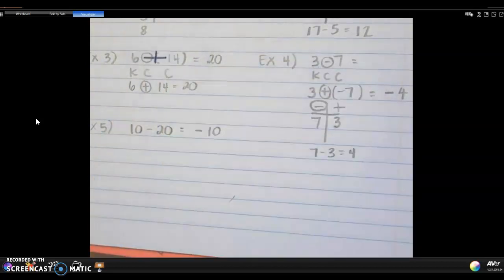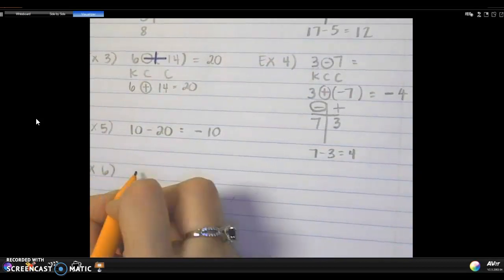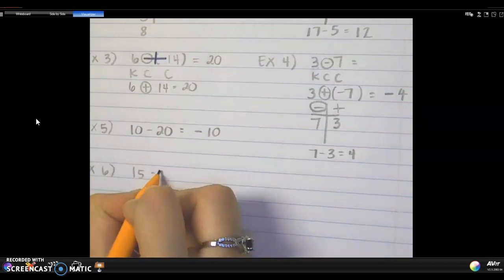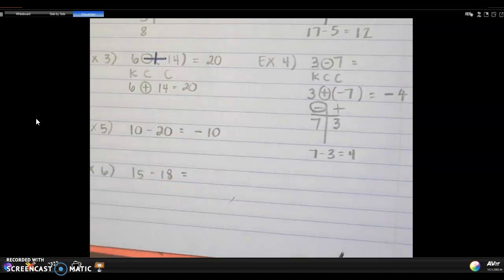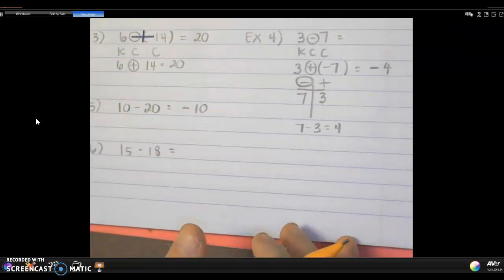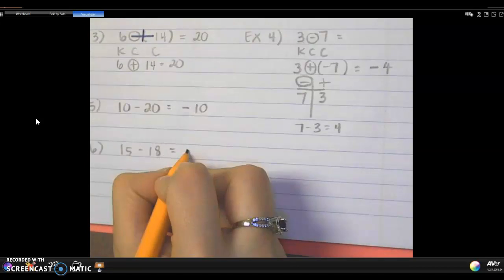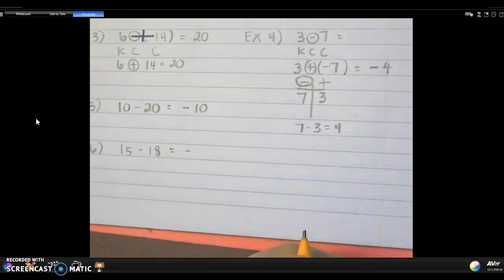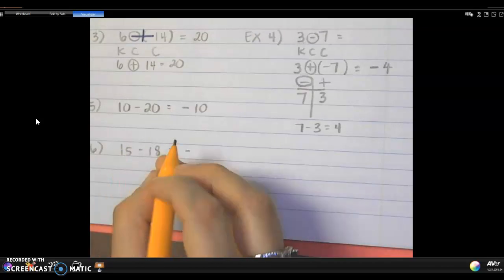So that's an easy way to remember that. One more. 15 minus 18. My first number is smaller than the second, so that's not our typical subtraction problem. So if I have $15 and I spent 18, I'm going to end up owing money. And then work backwards. 18 minus 15 is 3.